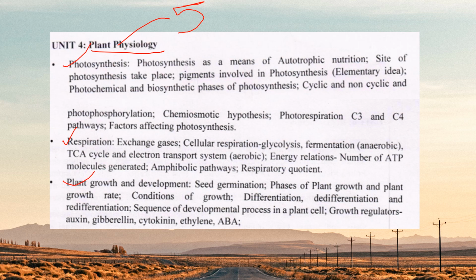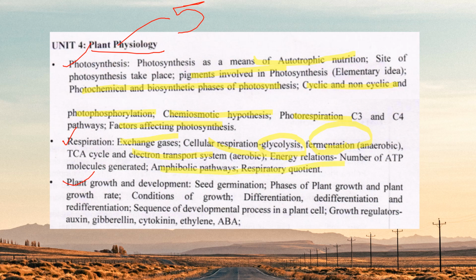In photosynthesis we have to read about photosynthesis as a means of autotrophic nutrition, site of photosynthesis, pigments involved, and photochemical and biosynthetic phases of photosynthesis, both cyclic and non-cyclic photophosphorylation, and chemiosmotic hypothesis, photorespiration, C3 and C4 pathways, and factors affecting photosynthesis.